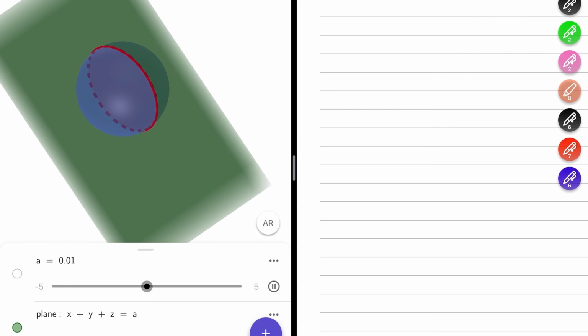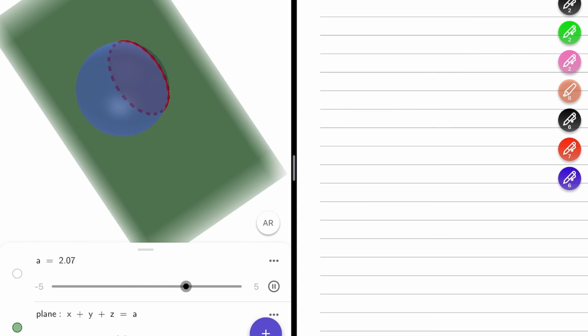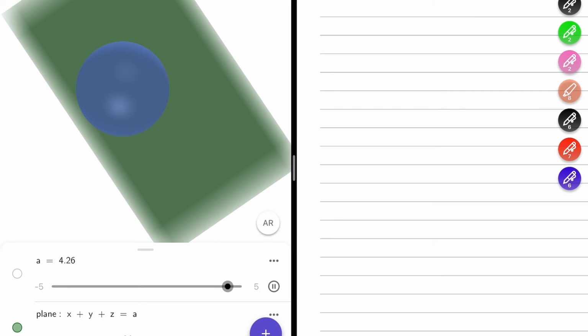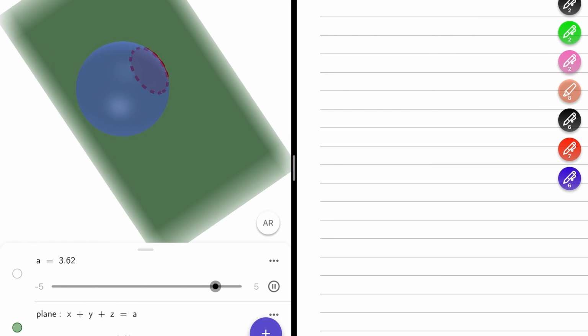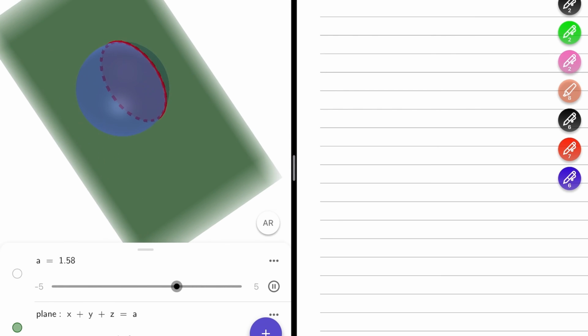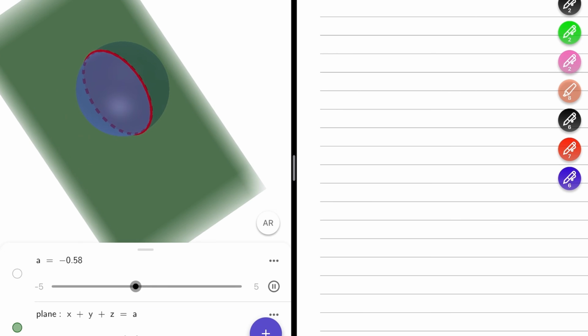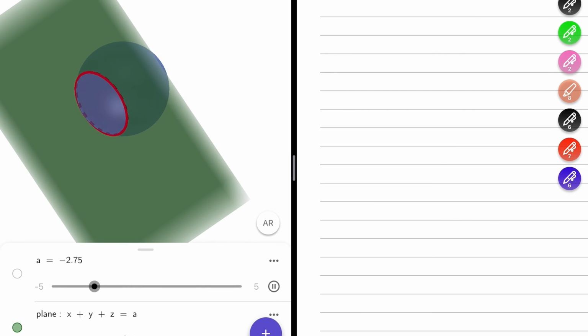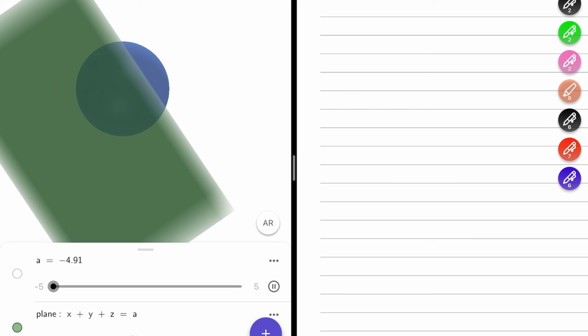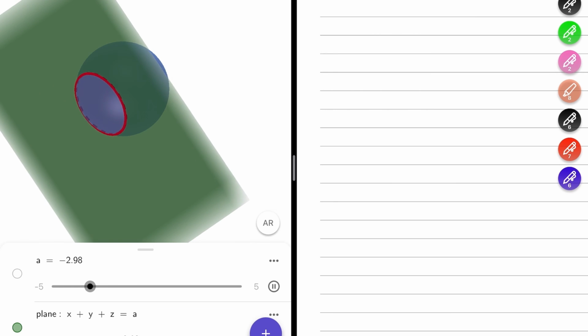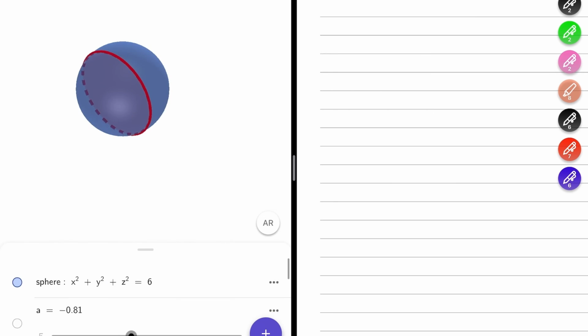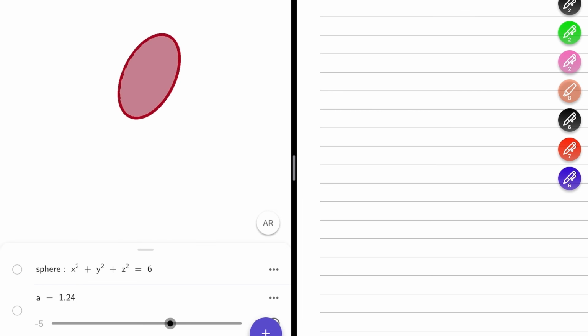Okay, you can observe that as the position of the sphere with respect to the plane varies, or if the plane moves such that the position of the plane with respect to the sphere changes, we get a section, a sphere section with the plane, that is a circle of different radius. So you can observe this is a circle.